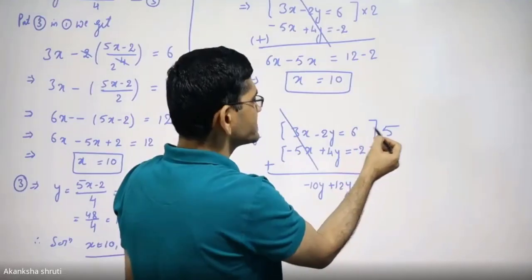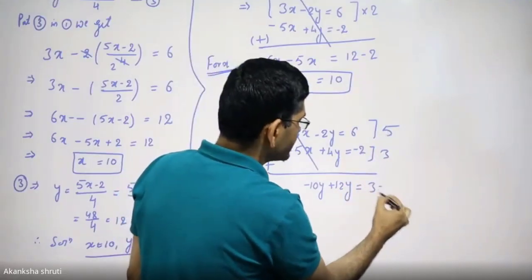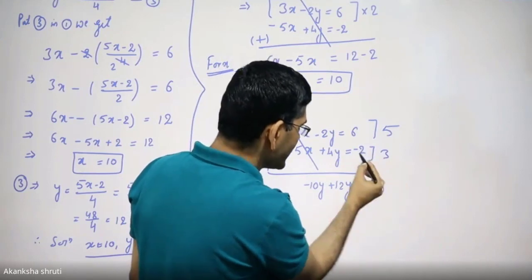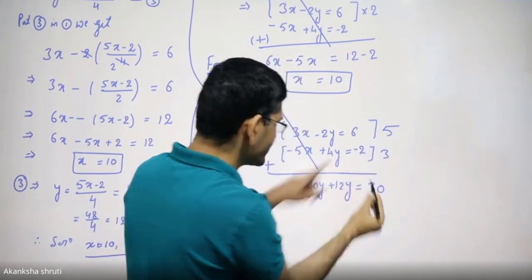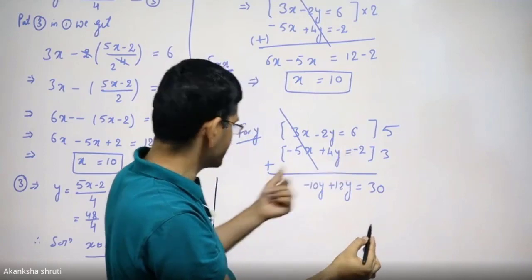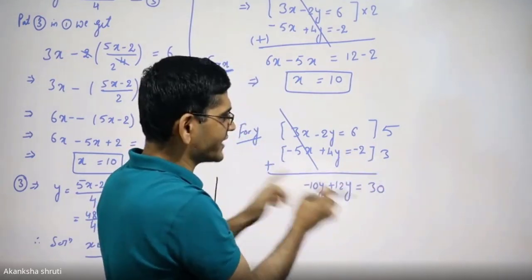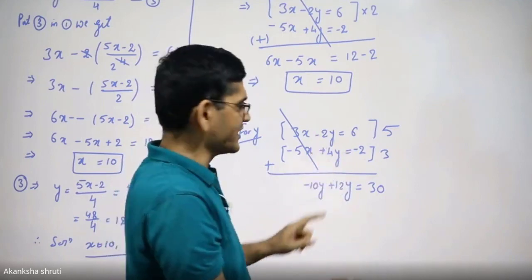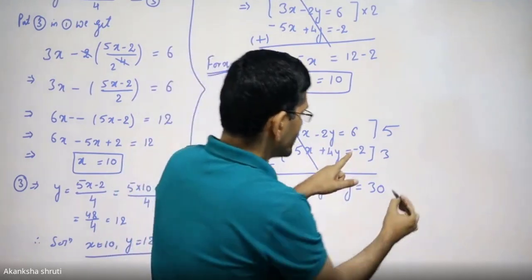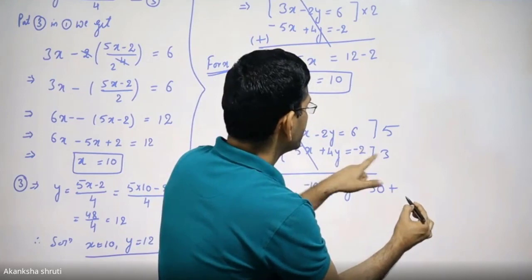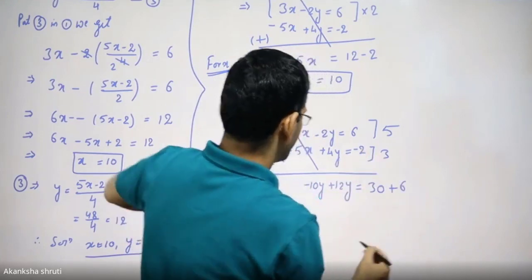Yes, 6 into 5, 30, and from the second, do not forget this sign. What is this sign? Sign is our minus, because before this equation 2 we have taken the plus sign. That's why this sign was not changed. Be careful. So it will be plus 3 to the 6.